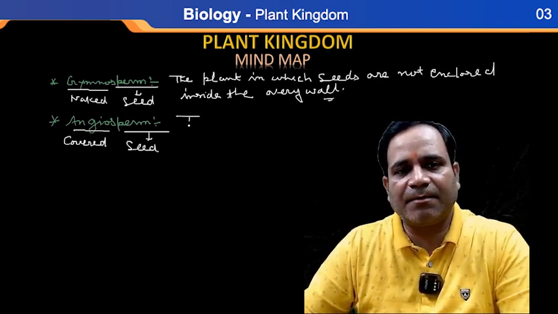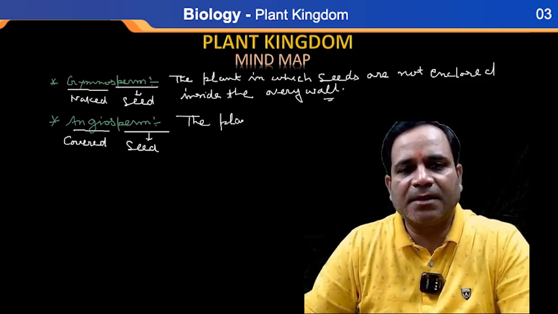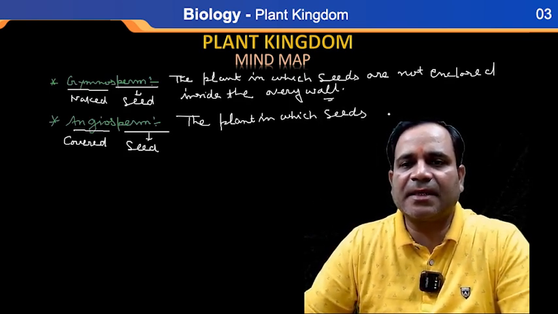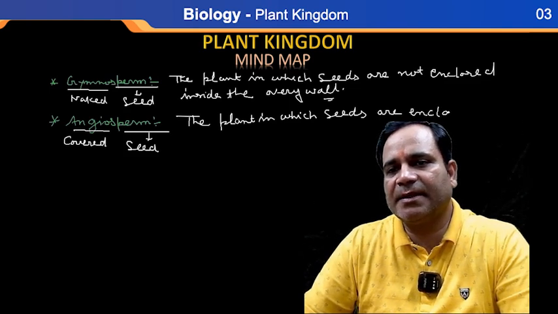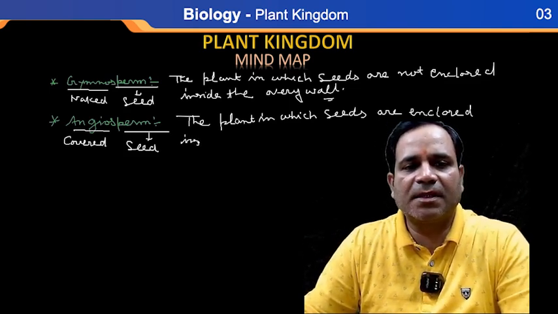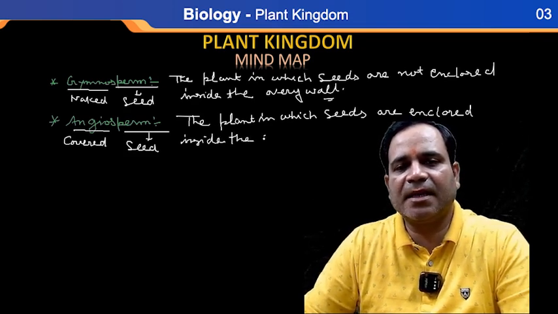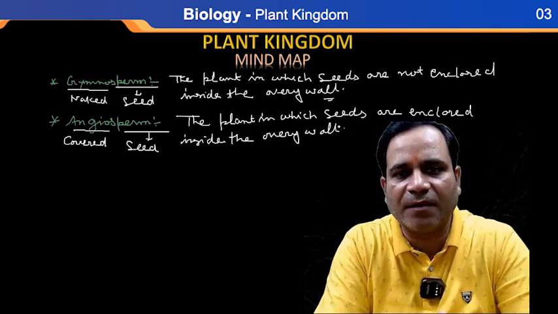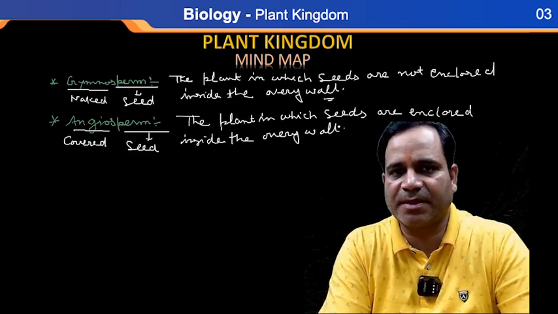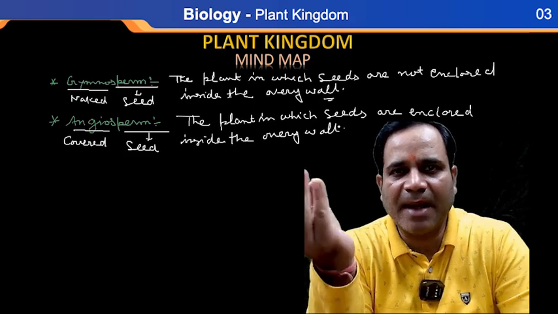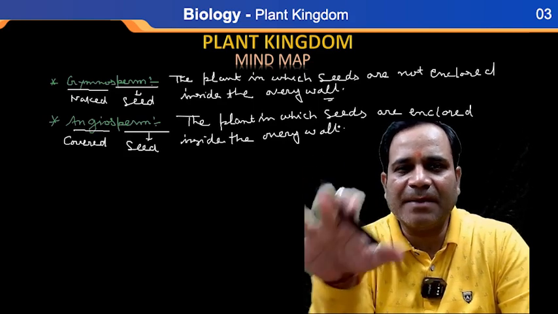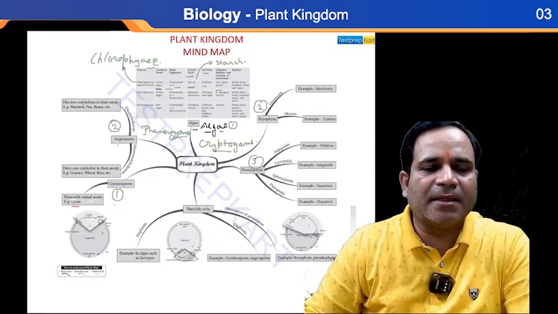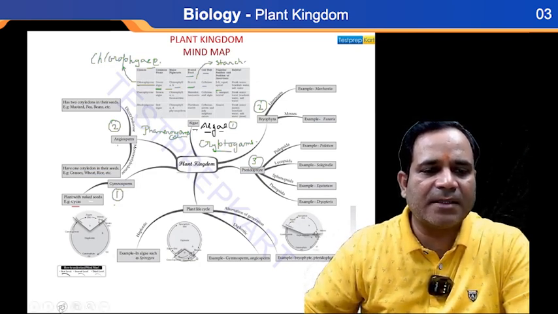So the plant in which seeds are enclosed inside the ovary wall is known as angiosperm. Clear? Mostly the plants you see, such as mango, apple, and banyan, are all angiospermic plants.